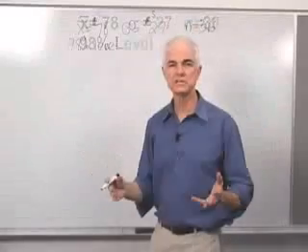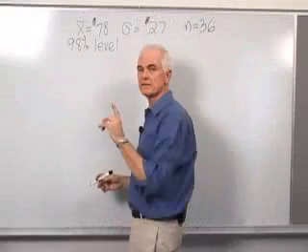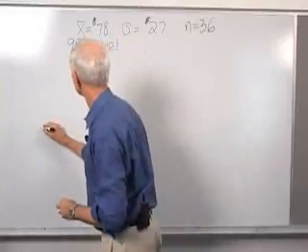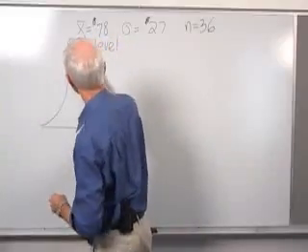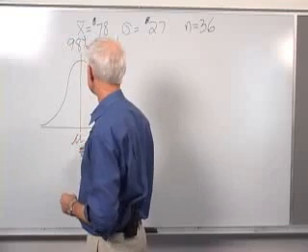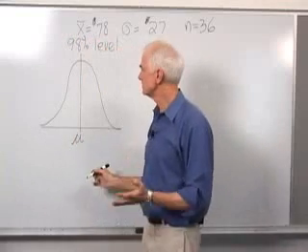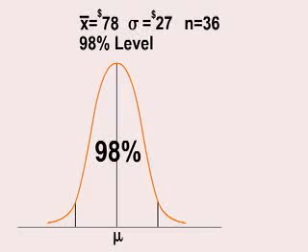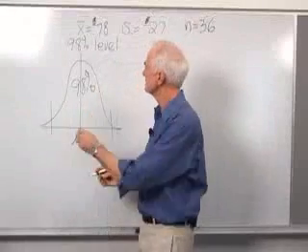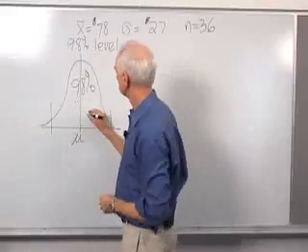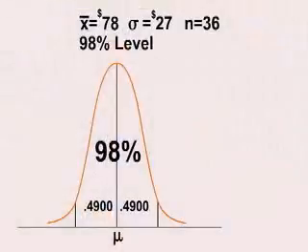How do things change? Well, the level of confidence drives the table z-value. So let's see how it changes. You'll recall that sample means are normally distributed, and the mean of the sample means is mu. And we want to capture 98% of the values. Now, a quick way to look this up in the table is to cut the confidence level in half to 49% and make it 0.49 on each side.